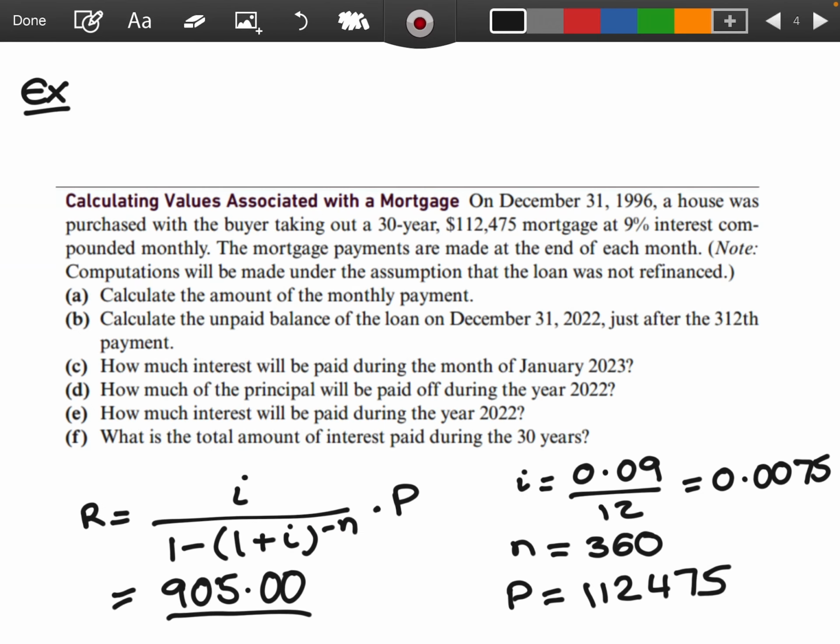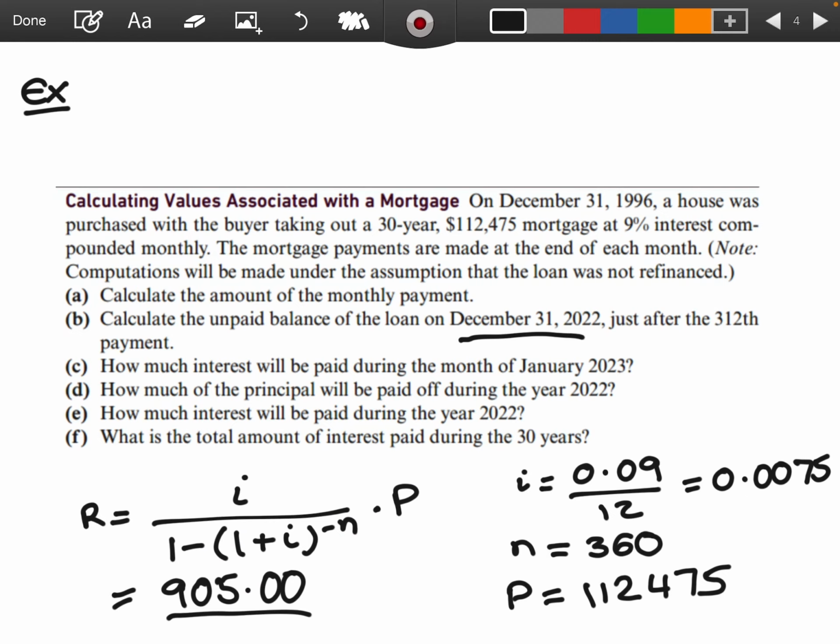The next part of the problem starts to look at the interest and how much you actually end up paying. So how much interest will be paid during the month of January 2023? Well, for that month, you are paying interest on the amount that was left on the loan the month before.